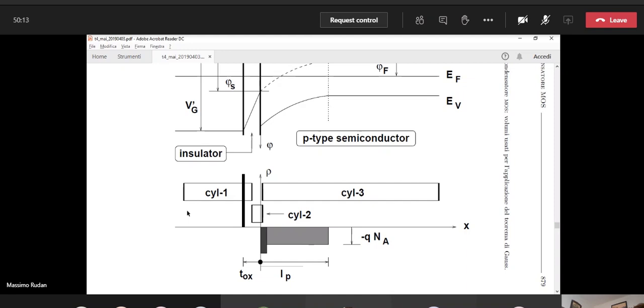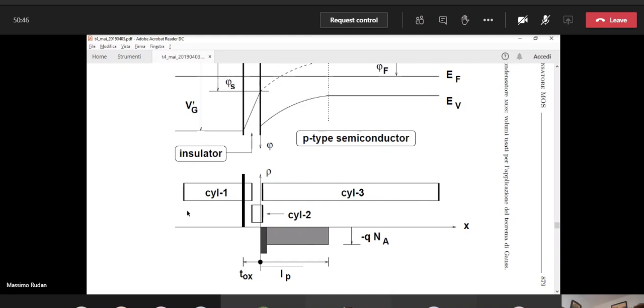So we simply take three volumes of cylindrical form, and they are cylinder 1, cylinder 2, and cylinder 3 that are indicated in the figure. So the axis of each cylinder is horizontal, it's parallel to the x-axis. Each cylinder has two lateral faces, one on the left and the other on the right. And then there is the lateral surface of the cylinder.